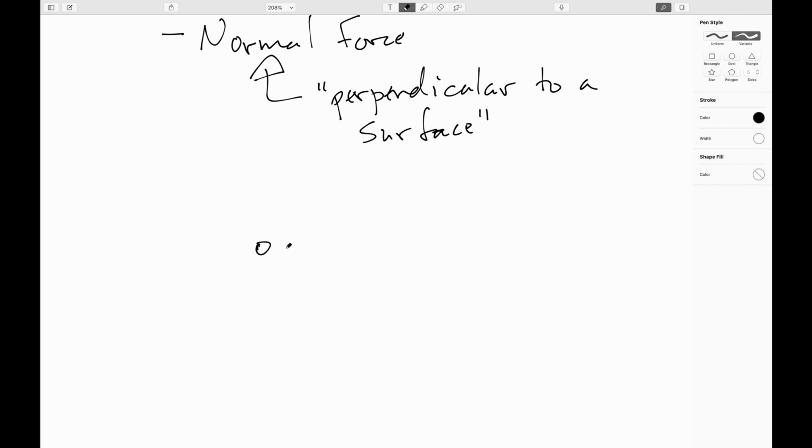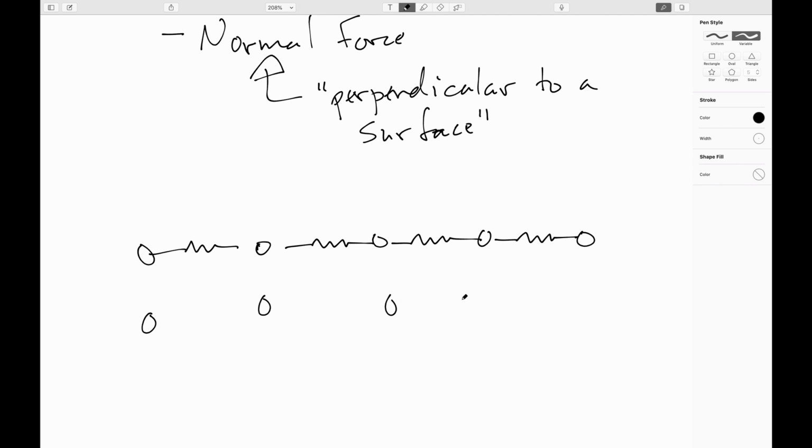If we take a look at your seat, it turns out that the adjacent atoms, or the adjacent molecules, in the seat are interacting with each other via the electric force.